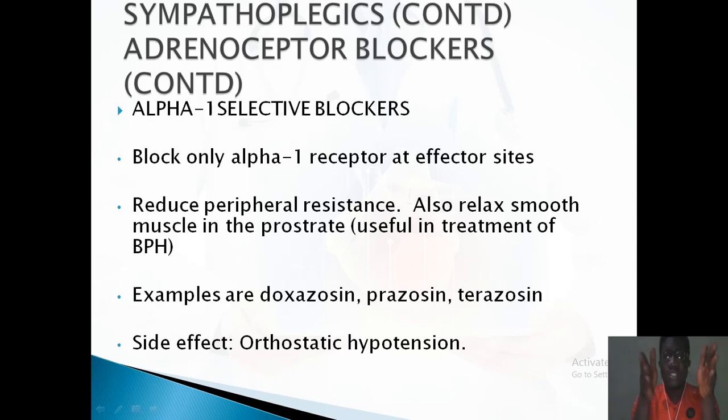So once these receptors are blocked, there is less vasoconstriction and decreased peripheral resistance, because vasoconstriction leads to increased peripheral resistance. Once alpha-1 receptors are blocked, there is decreased vasoconstriction and decreased peripheral resistance.